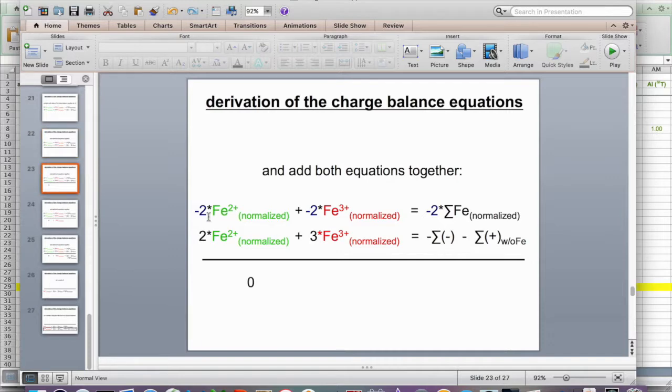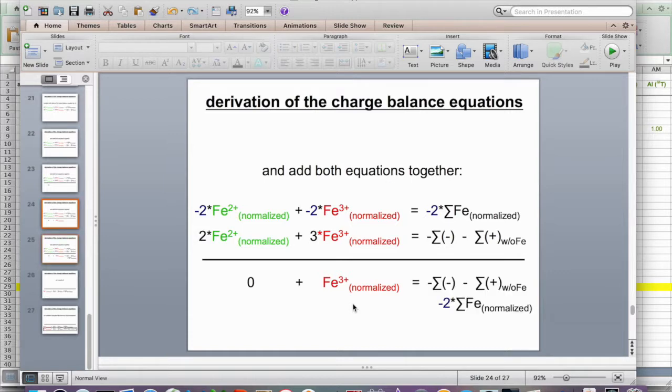If we add the -2 times the iron 2 plus normalized to the +2 iron 2 plus normalized, they cancel each other out, and we get 0. Then when we add the -2 iron 3 plus normalized to +3 times iron 3 plus normalized, you see that we have a net of 1 iron 3 plus normalized left over.